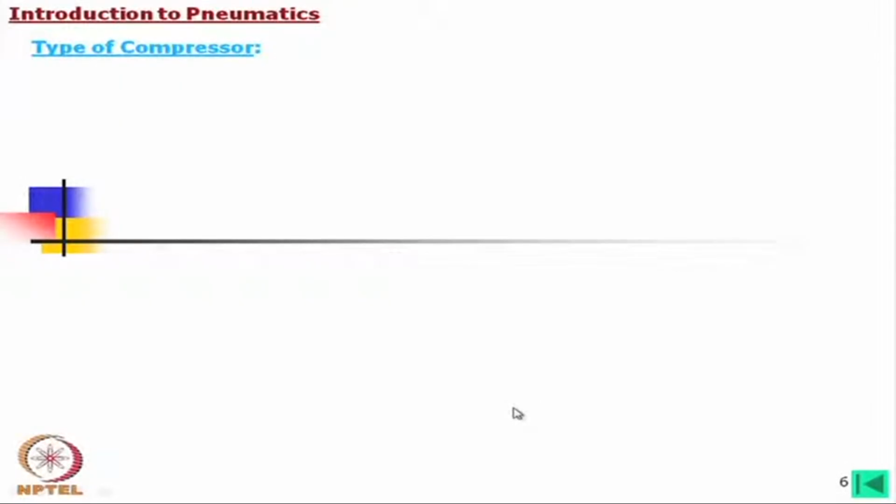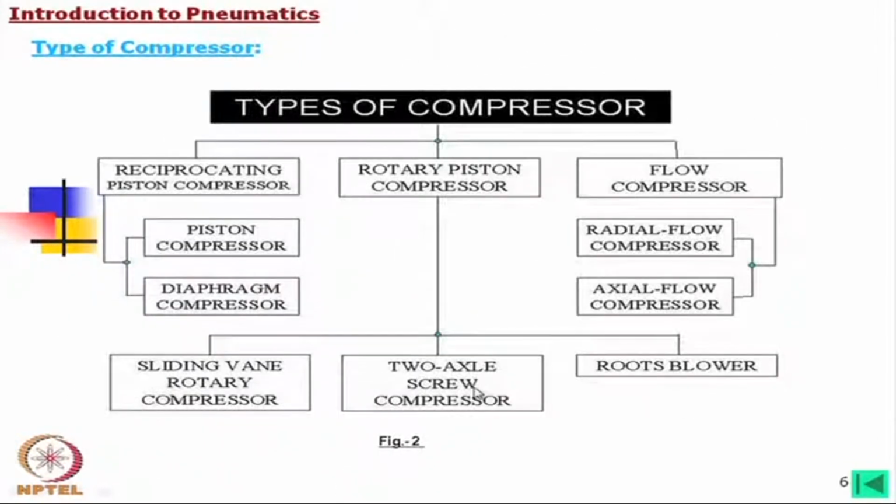Now, we will come to these components. What are the components? The most important is the compressor. Now, if you look into the types of compressor, the most common is the reciprocating piston compressor, and then again the piston compressor and the diaphragm compressor.